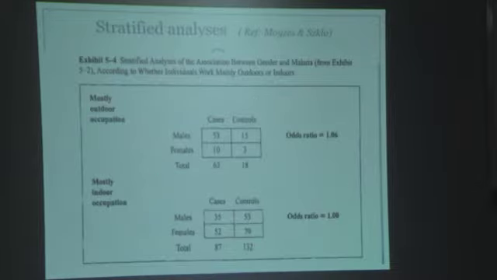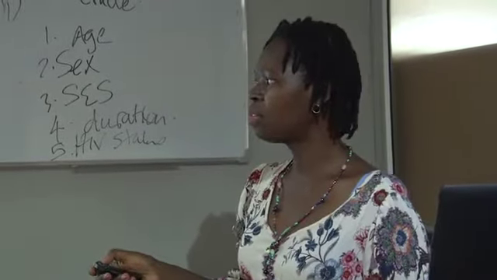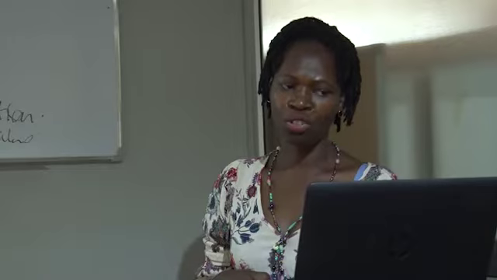Therefore, now we go to the stratification. We are now dealing with the confounding at the stage of analysis of the data. We are looking at how we account for that possible relationship of confounding, so that our measure of exposure outcome is more accurate. It accounts for that third factor. So all we need to do here is to look at what the two stratified analyses are showing us.